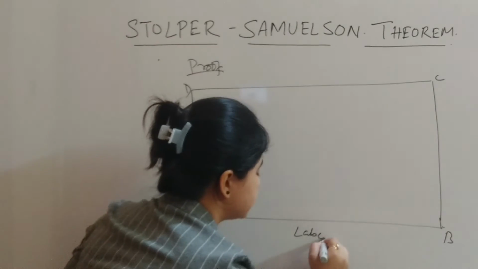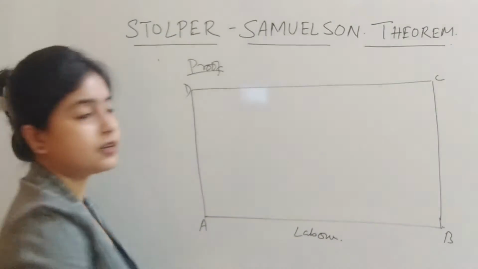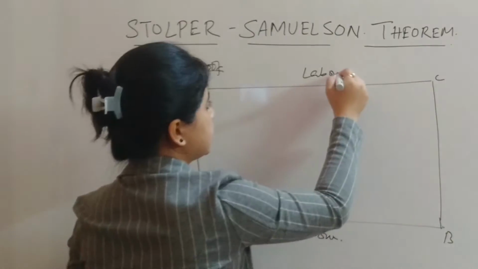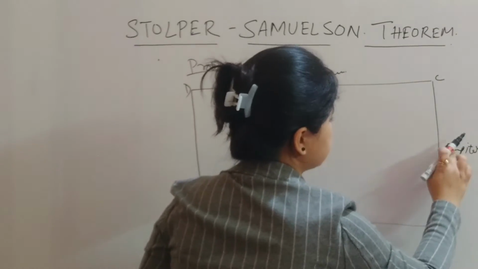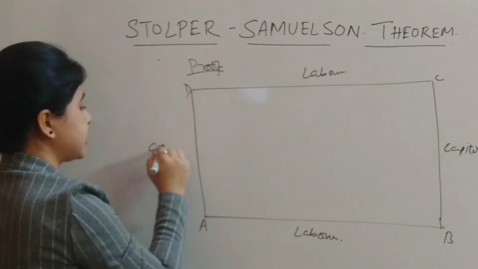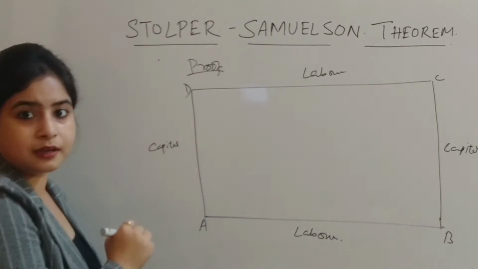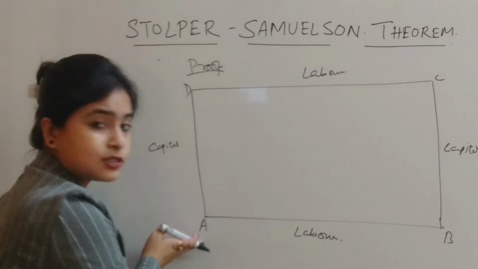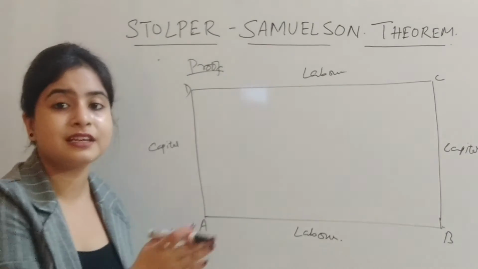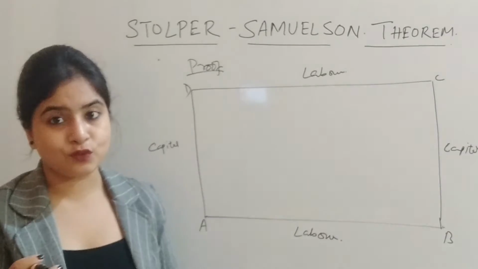So here we are denoting labor, here also we are denoting labor, this side capital, and so is this side also capital. And from this origin we will mainly be considering the labor intensive good.